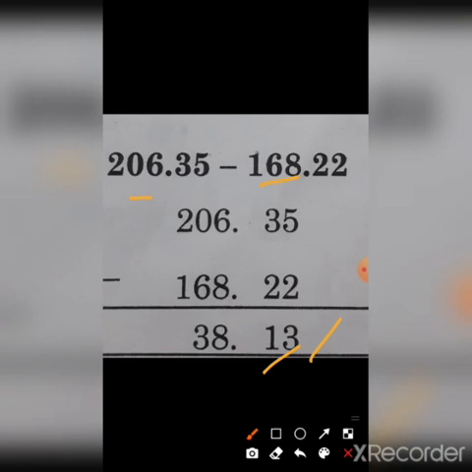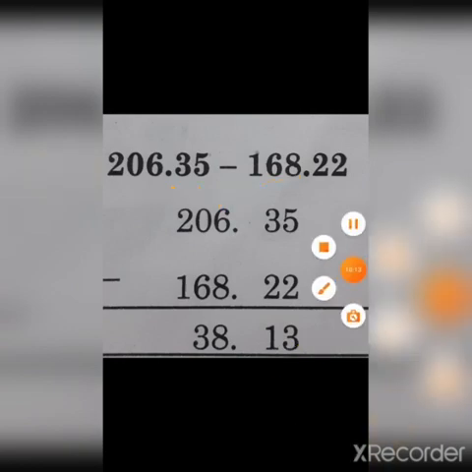No. Borrow 1 from here. So here will come 16. 16 minus 8, 8. So here remaining 9. 9 minus 6, 3. And here remaining 1. 1 minus 1, 0. So 38.13.